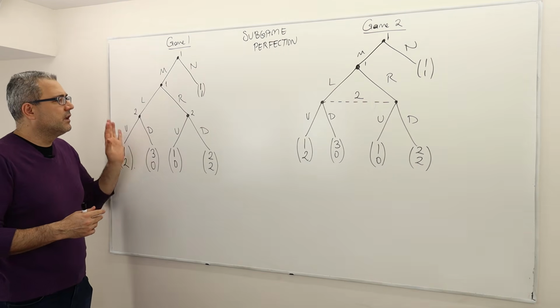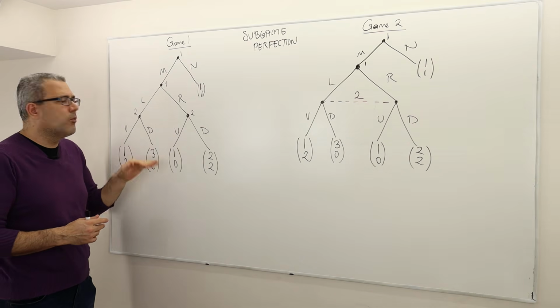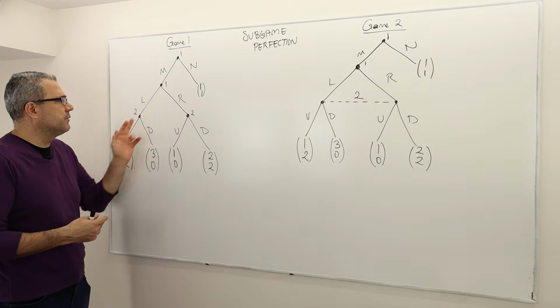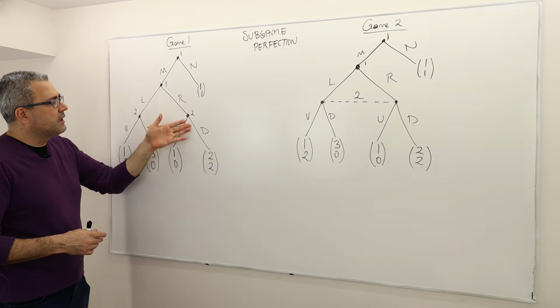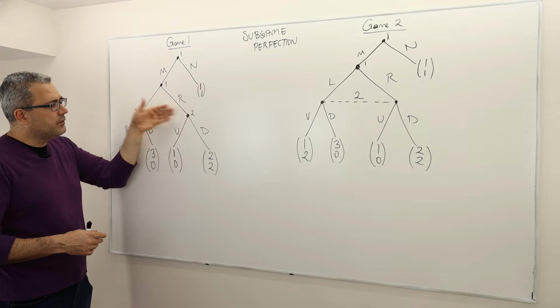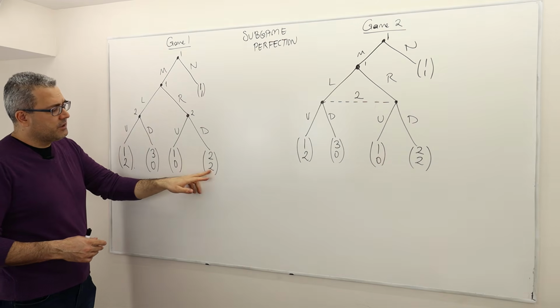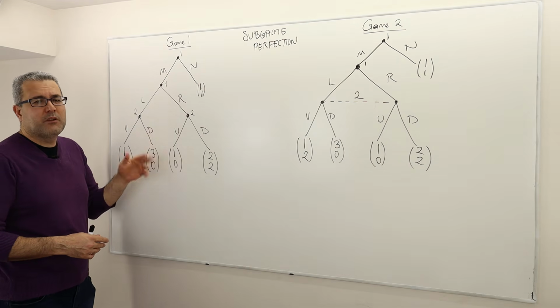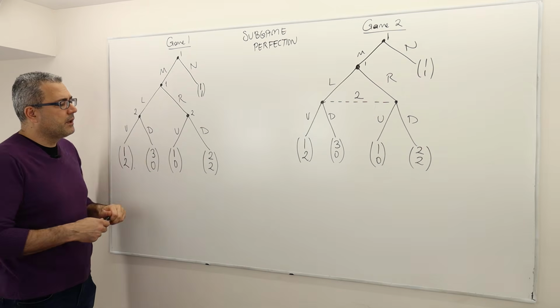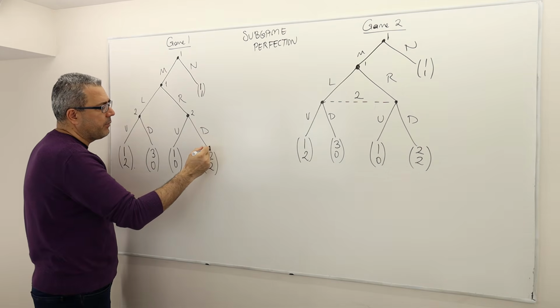Let's start from the last player. Here the last player is clearly player two, because no one else moves after the second player. So if the game comes to this point and player two decides between U and D, she will clearly choose D, because remember the second payoffs are the payoffs of player two, and D is going to give her a higher payoff.